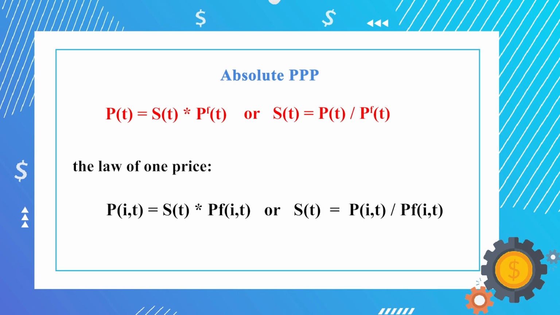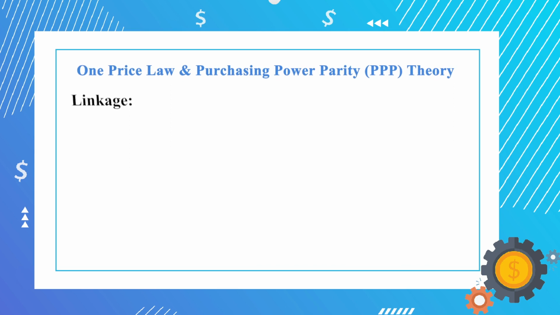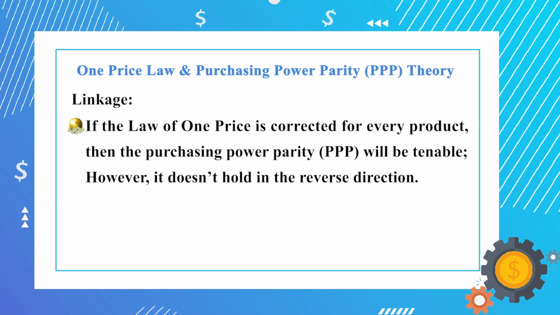From the formula, we can say the exchange rate is determined by the price level instead of the price of one good. The linkage between the law of one price and the PPP theory is that if the law of one price holds for every product, then the purchasing power parity will hold.